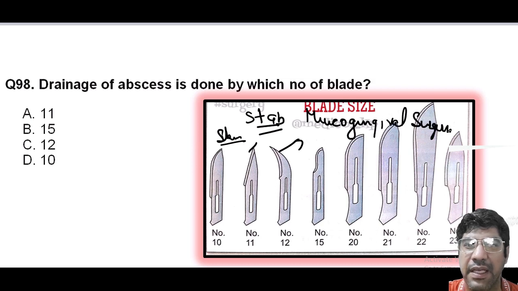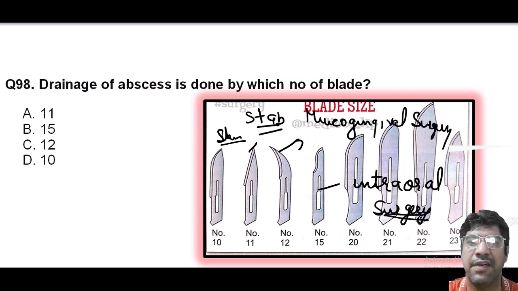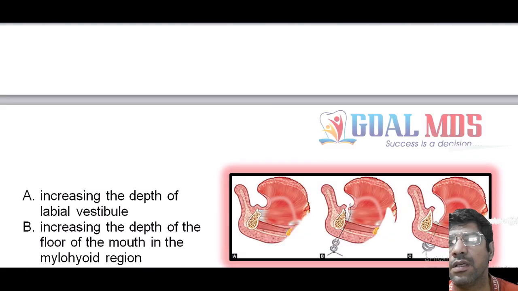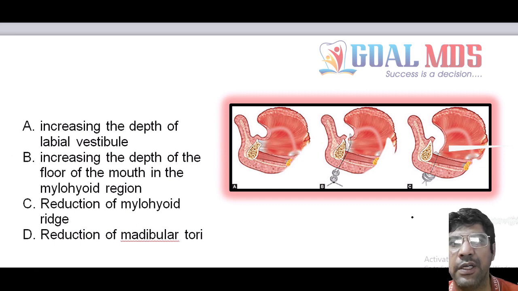And number 15 is used for intraoral surgeries. So drainage of abscess is done with a number 11 blade. Trotter's incision, we have discussed this question before too, that is done to increase the depth of the floor of the mouth in the mylohyoid region.